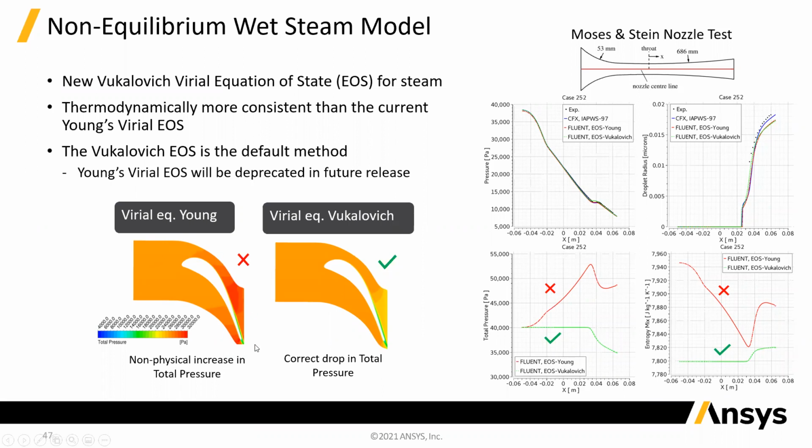You could have the total pressure increasing when you weren't doing any work on the fluid. And in fact, you should have a drop in pressure. So there's been a lot of test cases done now, and you can see that here, compared with experiment, also compared with CFX, Fluent now has the correct behavior.